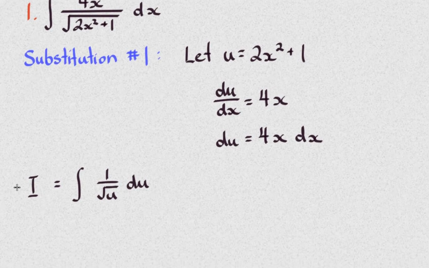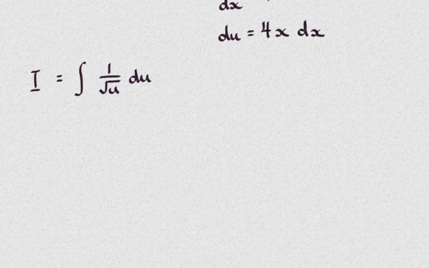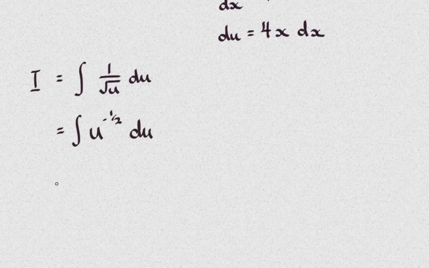Rewriting our integral as u to the power of negative 1/2 makes it even easier for us to perform the integration process. We raise the power by 1, so that'll go to 1/2, and we put it over 1/2, so 1 over 1/2 is 2.